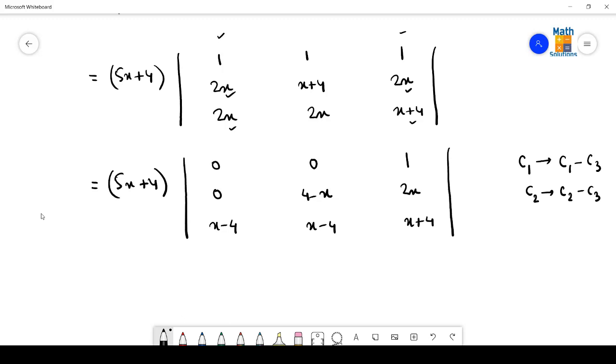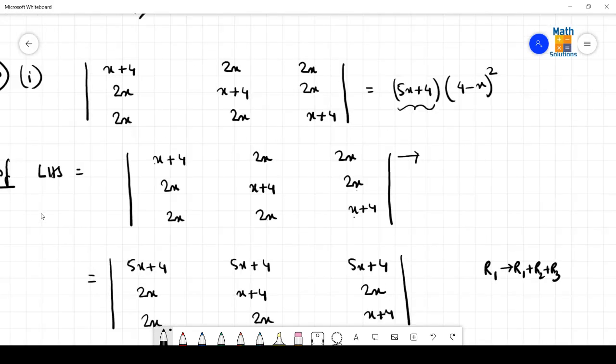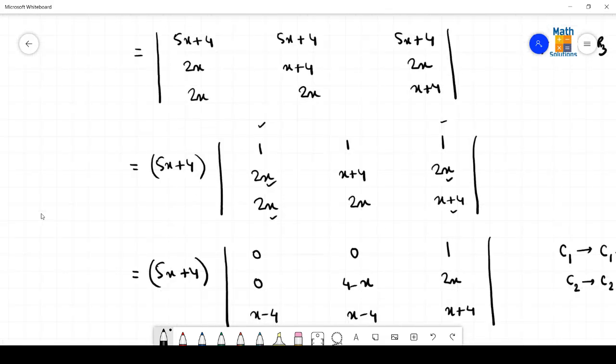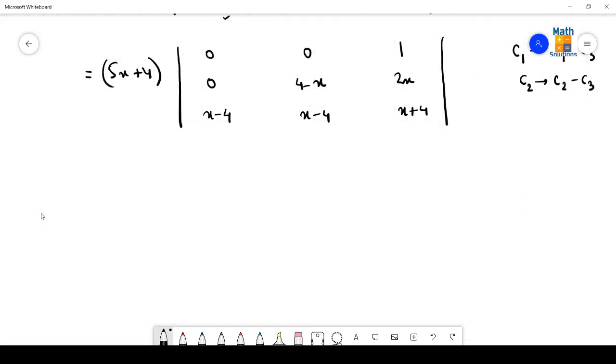After this, as per our requirement, what is required on the right hand side in our question? In the question it is very clear that the term 4 minus x is required. So while taking common, we should be very careful which term is to be taken common. Here, if possible, we shall try to convert all x minus 4 into 4 minus x.